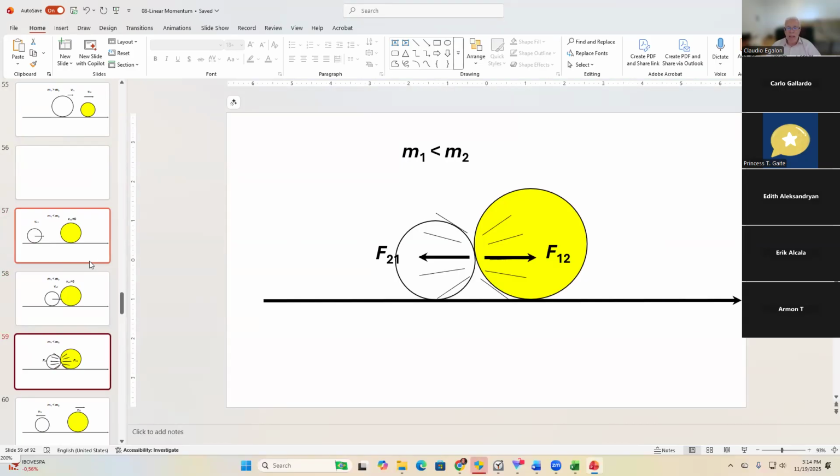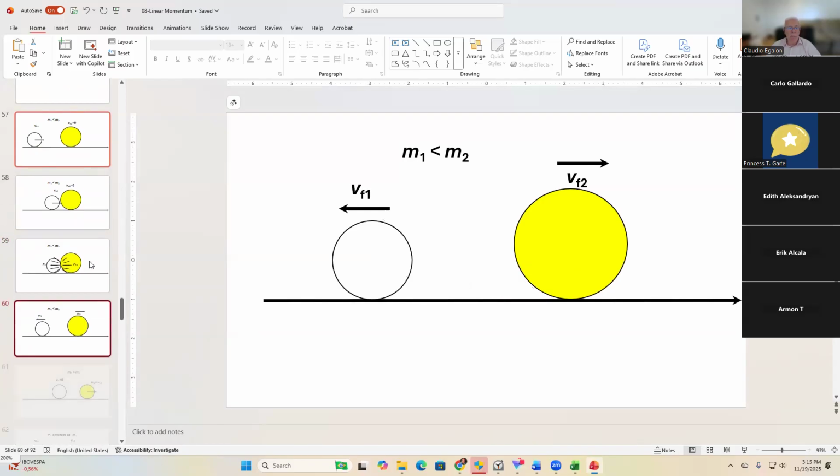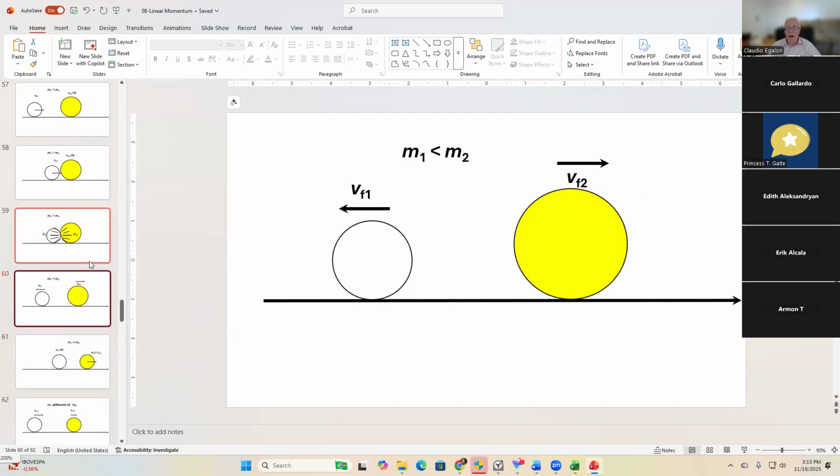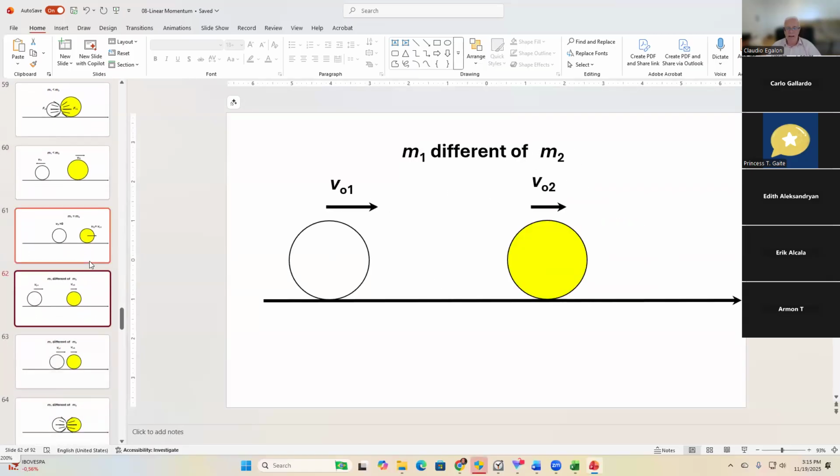But now, instead of the first mass moving in the same direction as the second one, the first mass is going to bounce out of the second one. It is as though you're colliding against a wall, and then you change direction in your velocity.